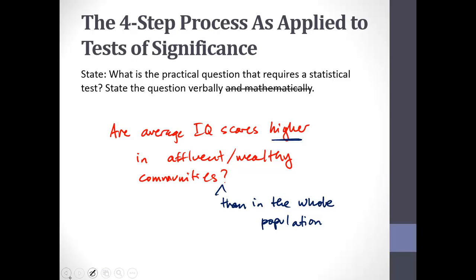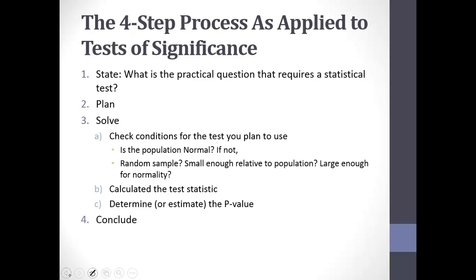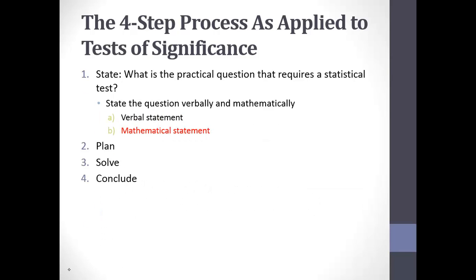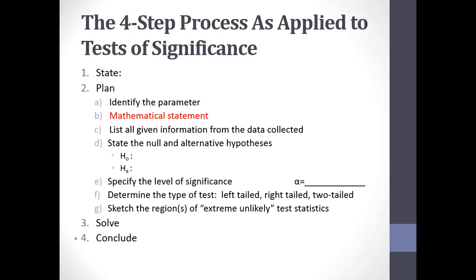Maybe that's a good question. So what do you sort of have to do in your homeworks? You definitely want to list out what your null and alternative hypotheses are, saying what your level of significance is. And I would even encourage you to identify what the parameter is. So say exactly what mu is in the question here.